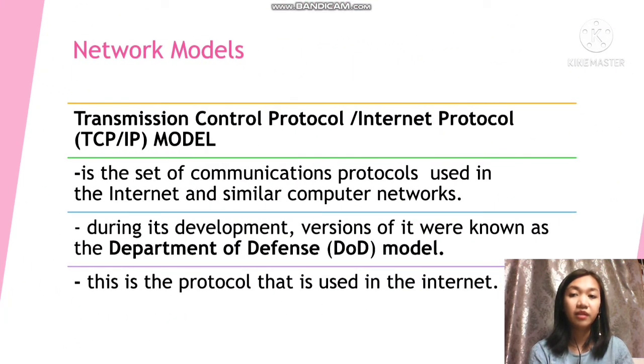So in network models, we also have the Transmission Control Protocol/Internet Protocol, also known as the TCP/IP model. It's a set of communications protocols used in the internet and similar computer networks. During its development, versions of it were known as the Department of Defense, or DoD, model.